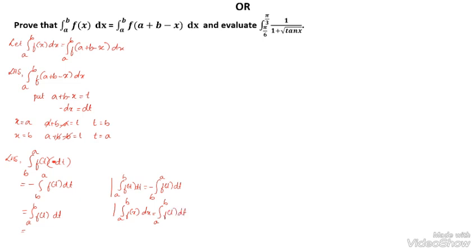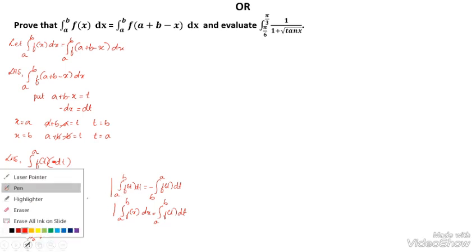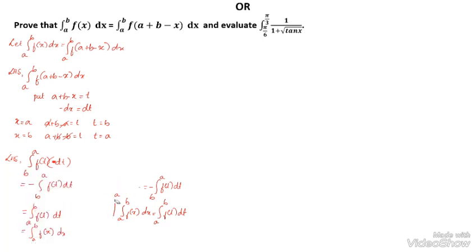I use the same property here, giving a to b of f of x dx. By that property, this is the LHS part. Hence the proof of the property.